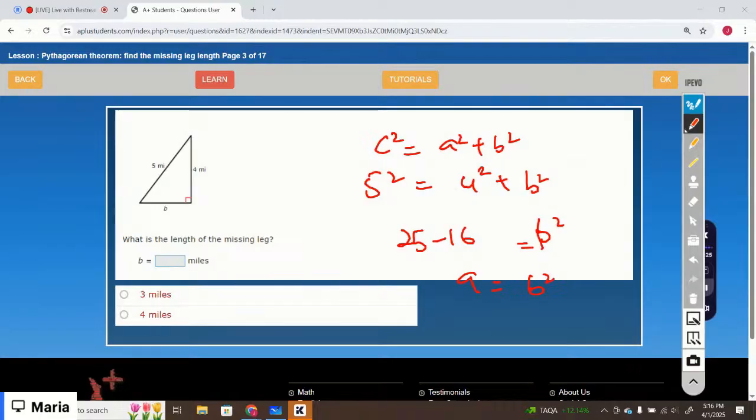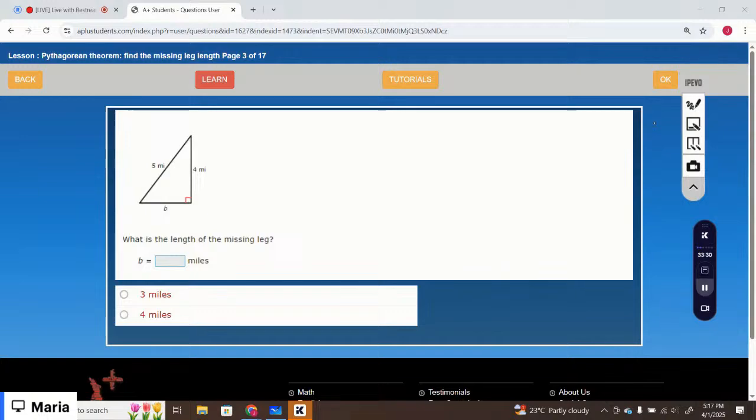That is 9, so b square equals 9. So b equals 3. Option number 1 is the correct option.